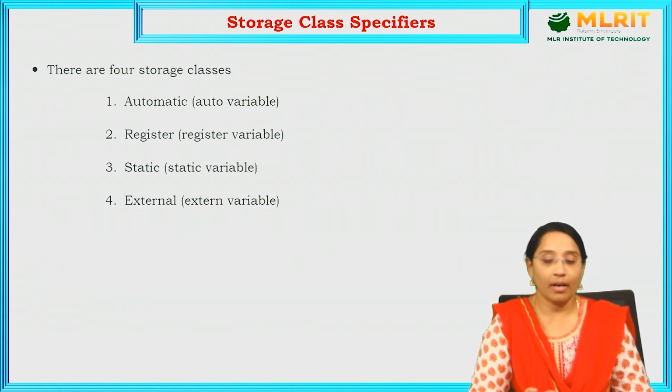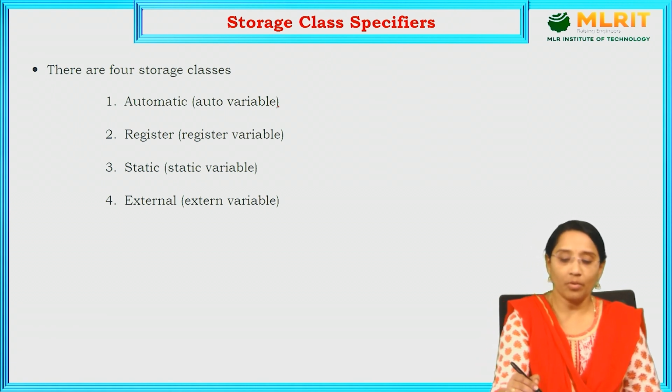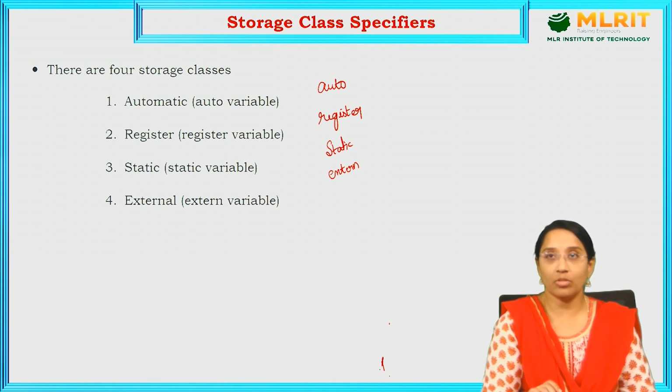And we have 4 storage classes in C: auto, register, static and extern. So these are the 4 storage classes in C programming.